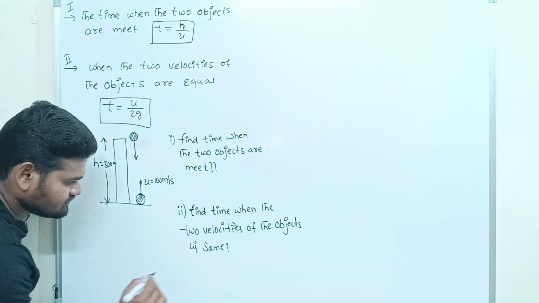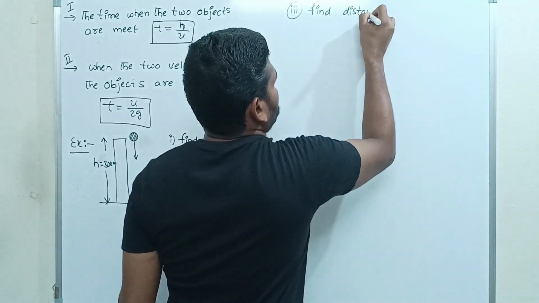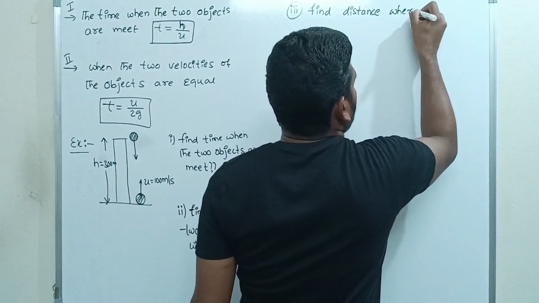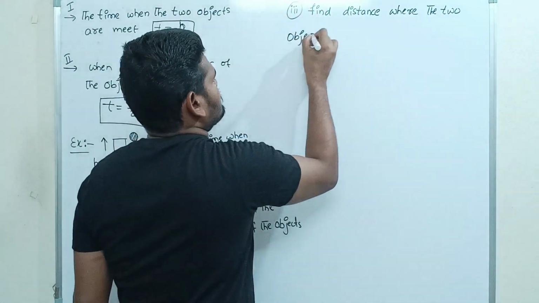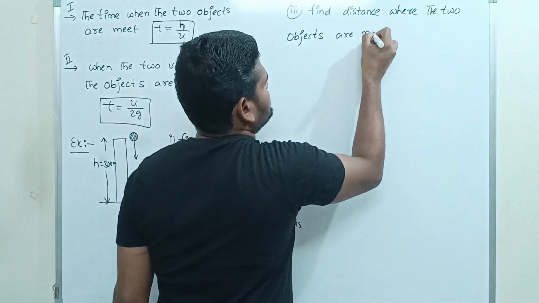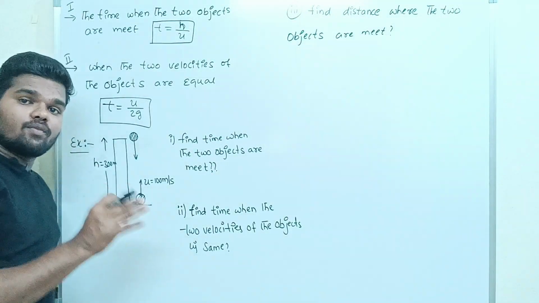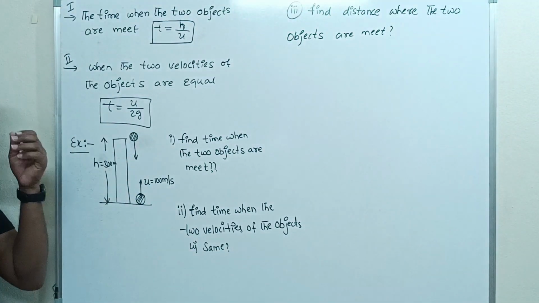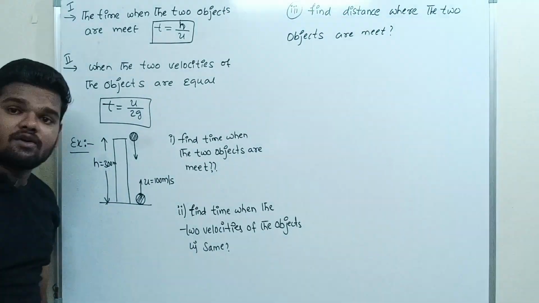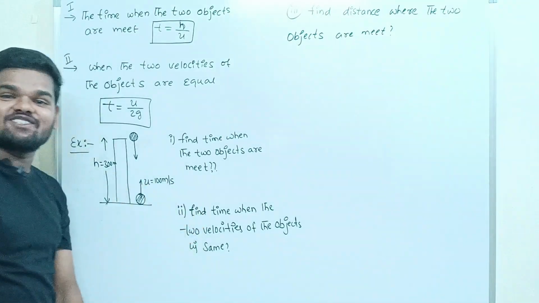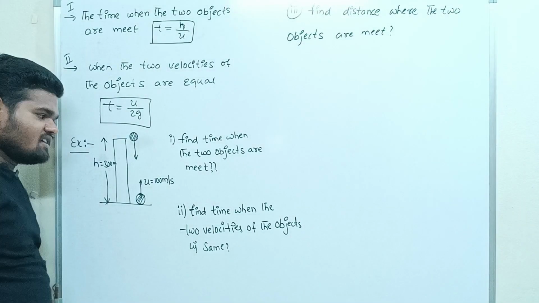And the third question: find the distance where the two objects meet. Okay, so pause the video and try the solutions for these three questions. 3, 2, 1, go.